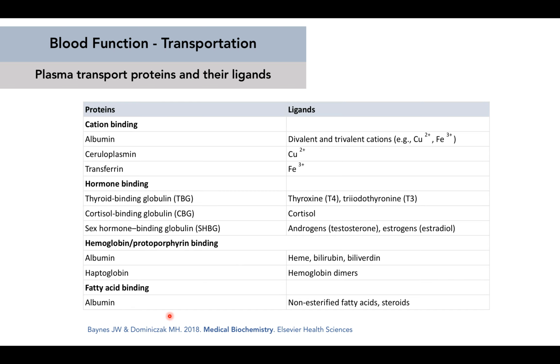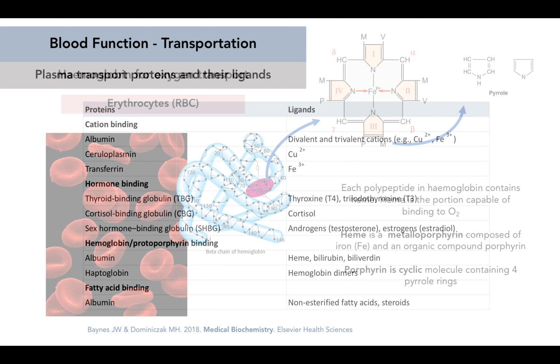There are a lot of different functions of these protein carriers, with a lot of the carrying done by albumin. As you can see, it is a protein carrier for a lot of different ligands. So that's the first function of blood, that it carries the transport proteins, which are responsible for carrying a lot of things in the body.